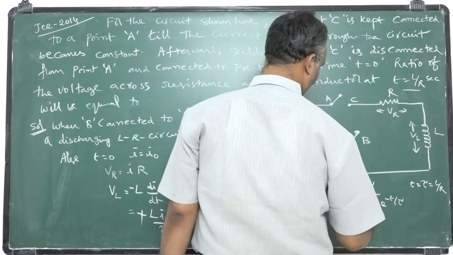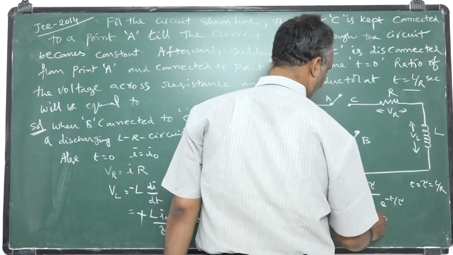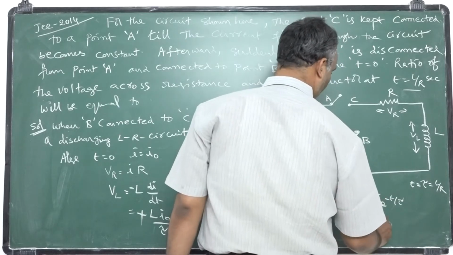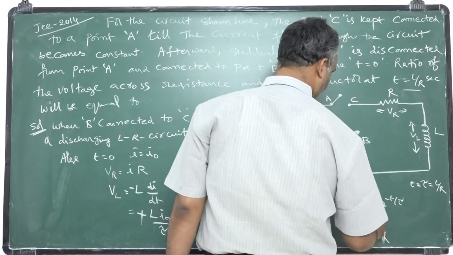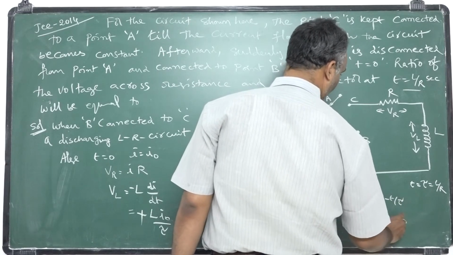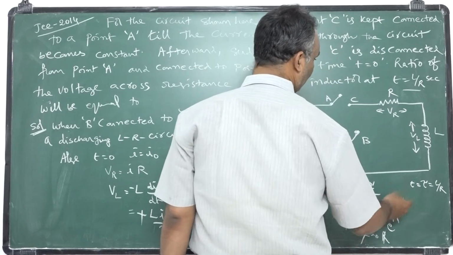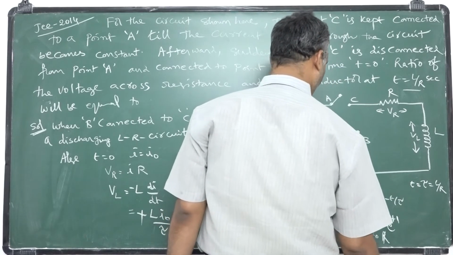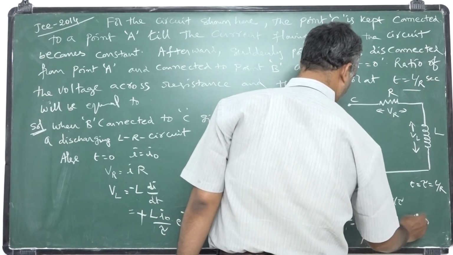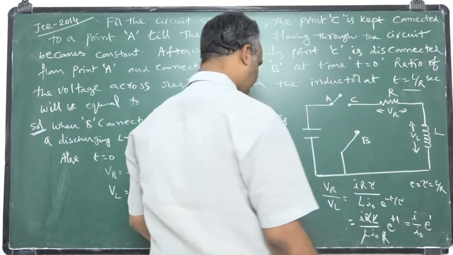So, this becomes IR by L I naught, tau value L by R, R gets cancelled, L gets cancelled. This will come to the numerator, e power plus, it becomes 1, e power plus 1, because t is equal to tau. Now, finally, I by I naught into e power 1 has come.